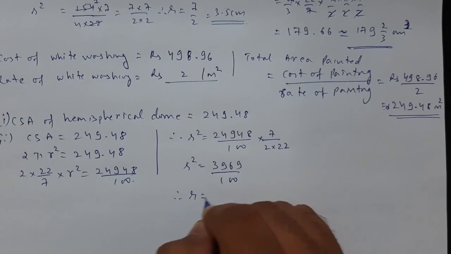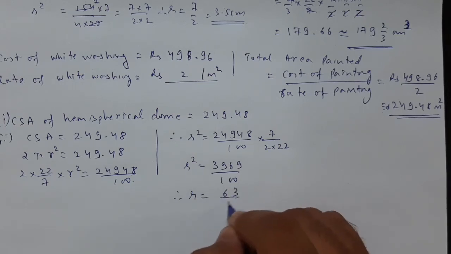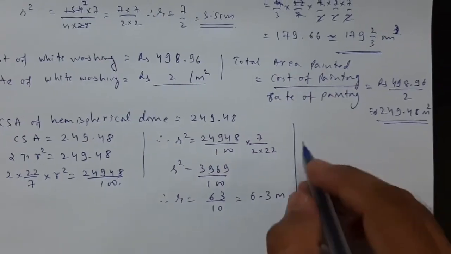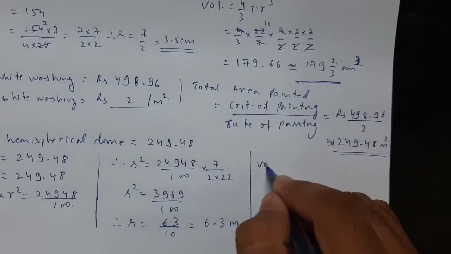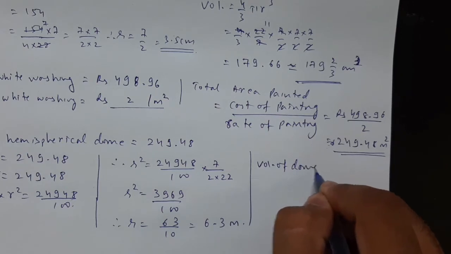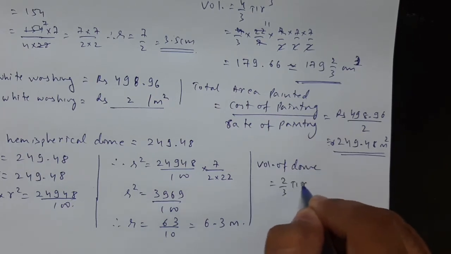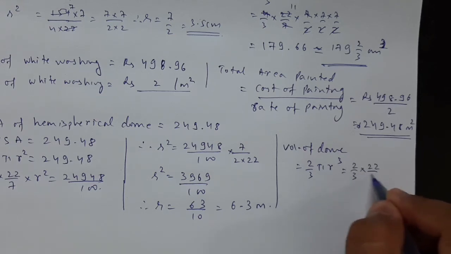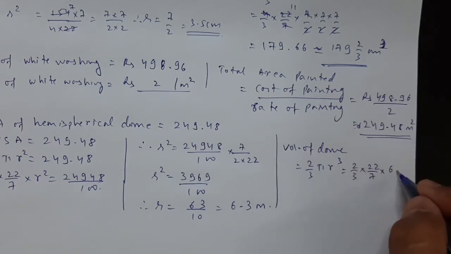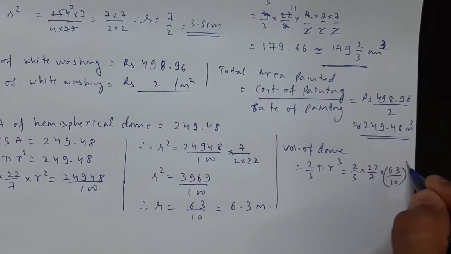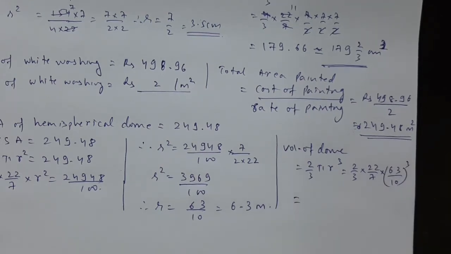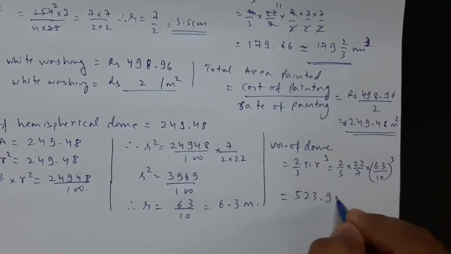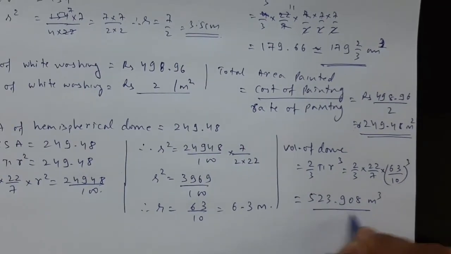So therefore r is equal to 63 by 10, that is equal to 6.3 meter. Now we need to find volume. The volume of dome is equal to 2 by 3 pi r cube. So that is equal to 2 by 3 into 22 by 7 into 63 by 10 whole cube. So that will give you 523.908 cubic meter.